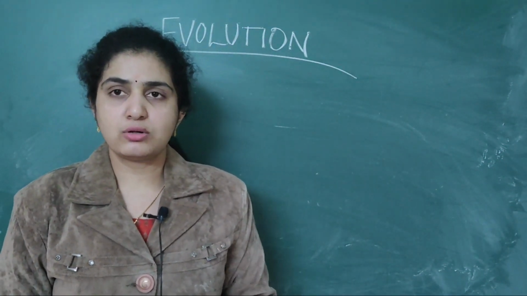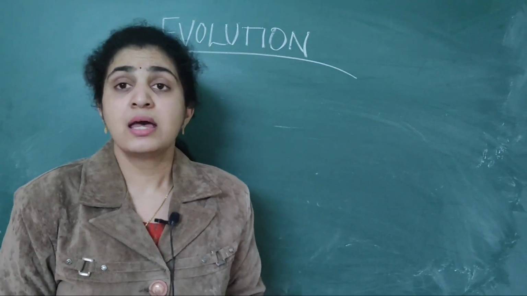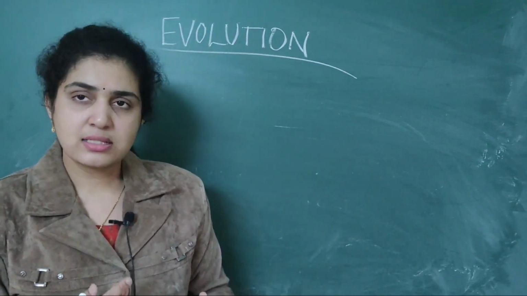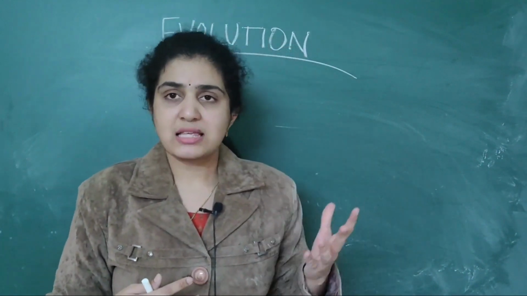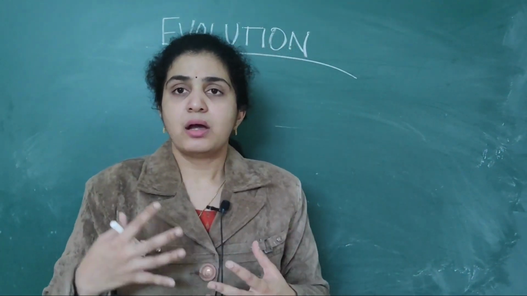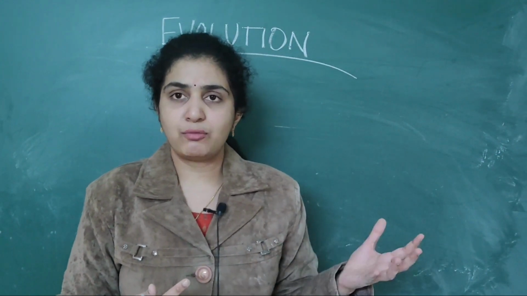In this lecture, we are going to continue with the topic called evolution. In the last class, we covered the origin of life forms, as well as the theories that were given, like Darwinian theory.